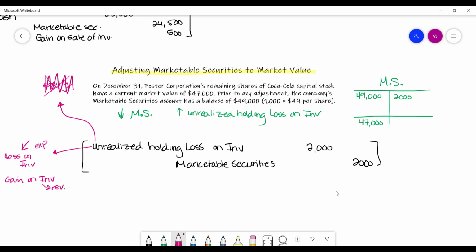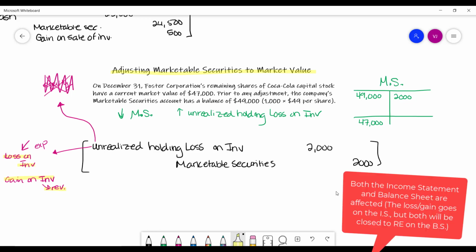Previous to this, the unrealized holding gains or losses went on the equity portion of the balance sheet as their own account. But now, having changed the kinds of accounts that you can use, any unrealized gains or losses due to these adjustments at the end actually affect the net income, or the overall comprehensive income, of the company.